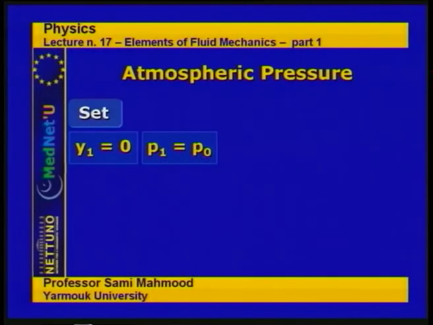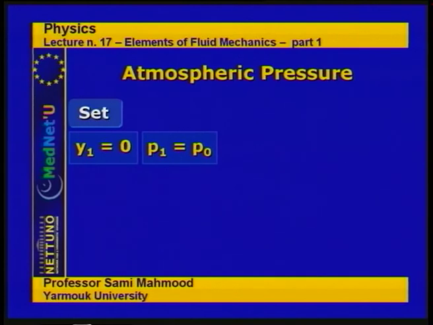The atmospheric pressure at some point above sea level can also be calculated from the previously developed equation for the pressure of a fluid. In that equation, if we set y1 equal to 0, which is at sea level, at that level we know that the pressure is equal to the atmospheric pressure, P1 equals P naught.